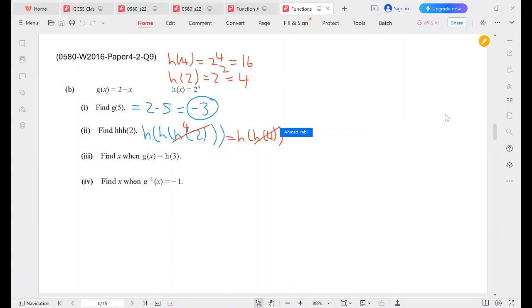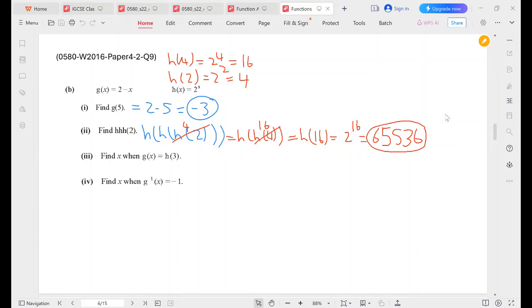So we can cross this out and write 16. So now we're left with h of 16, and this is 2 power 16, which is equal to 65,536. So this would be the final answer for double I.